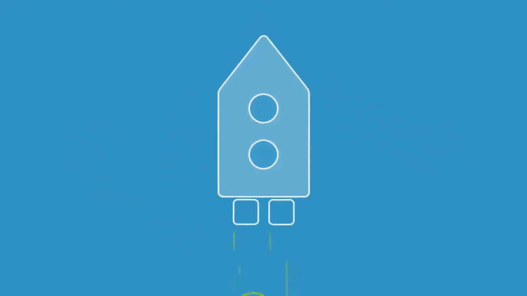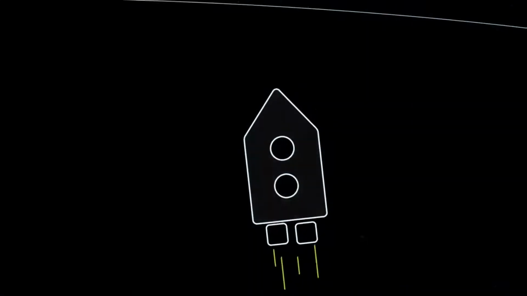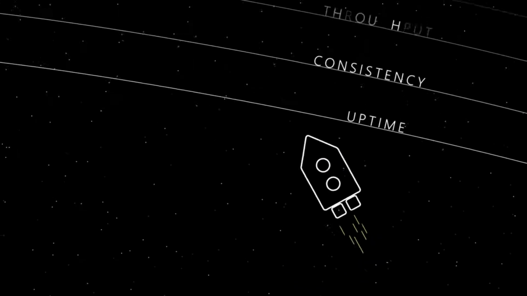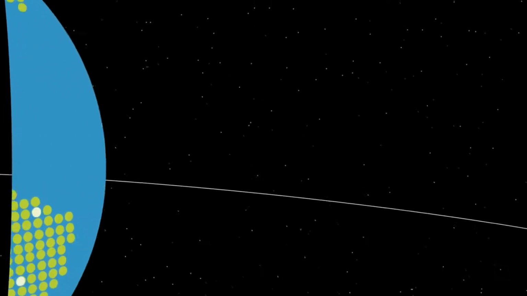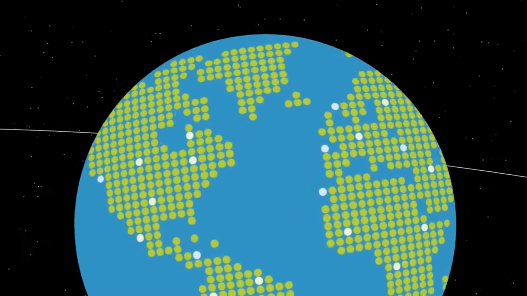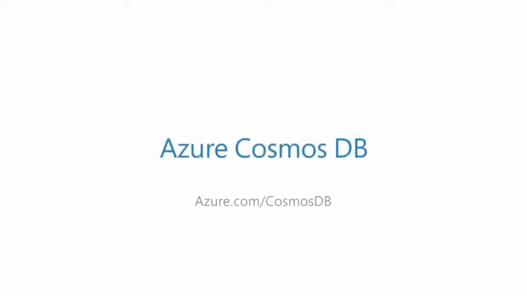Take off with confidence, knowing Azure Cosmos DB provides guarantees and comprehensive SLAs other databases would never attempt: high availability, consistency, throughput, and single-digit millisecond latencies at the 99th percentile. Your app deserves a globally distributed database service that's out of this world. Welcome to Azure Cosmos DB.